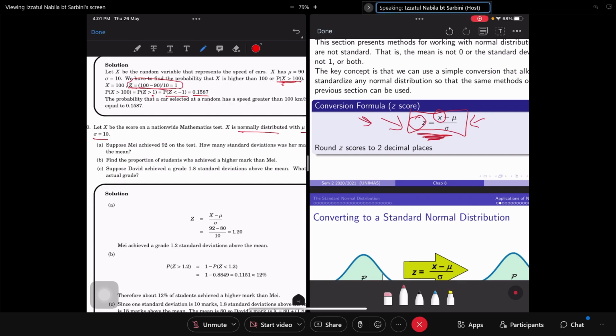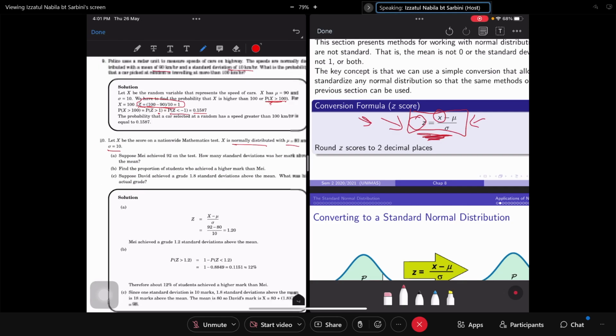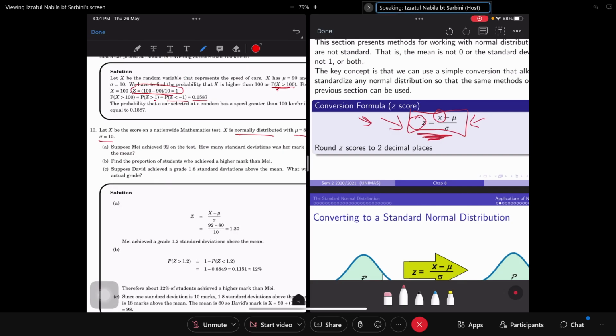This is the conversion formula actually. The difference between her mark and the mean, over the standard deviation. So X minus mean divided by 10. So May achieved a grade of 1.2 standard deviations above the mean. Okay, that's how you calculate question A.